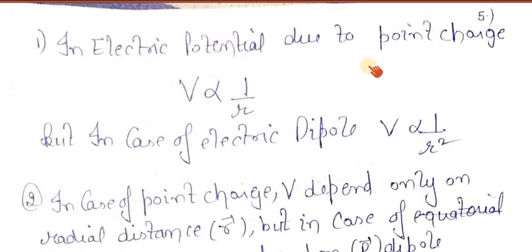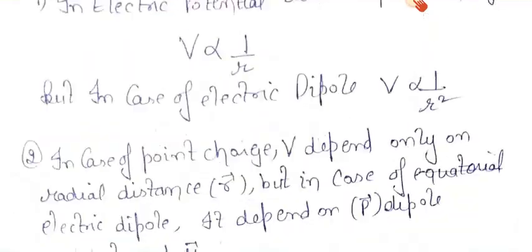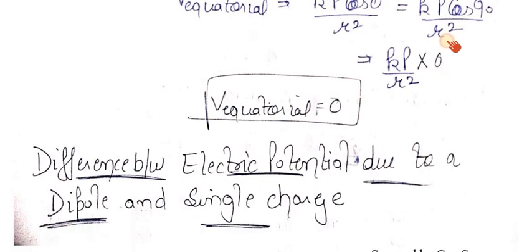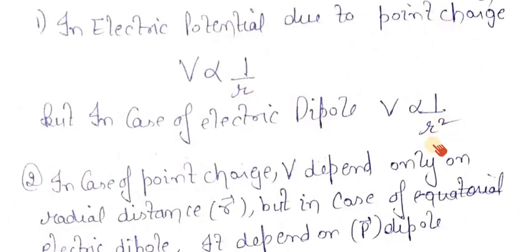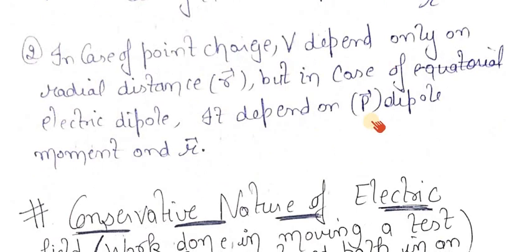From the expression, as we did earlier for point charges, it was kQ by R, that means only inversely proportional to R. But in the case of an electric dipole, you will get the expression in terms of R square, right? So the electric potential for a point charge is 1 by R, and for an electric dipole, it is 1 by R square. The next thing is, in the case of a point charge, potential depends only on the radial distance R, kQ by R. But in the case of an electric dipole, P will also come, so it depends on the dipole moment also, right? So these are some basic things.